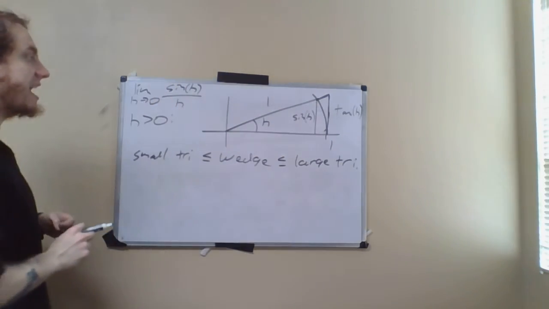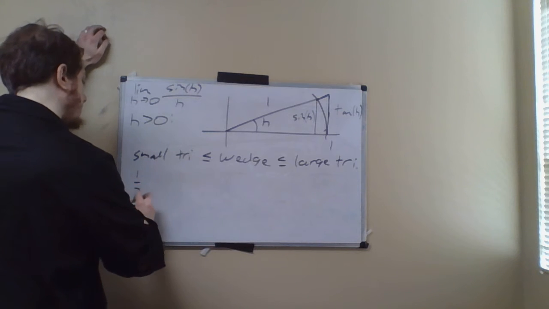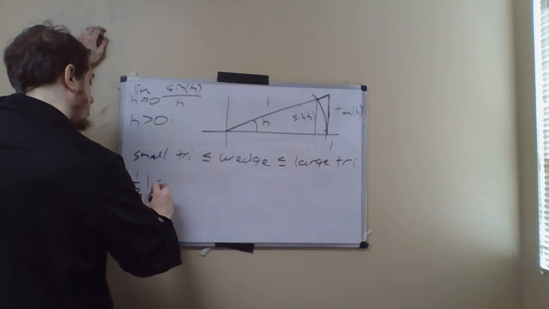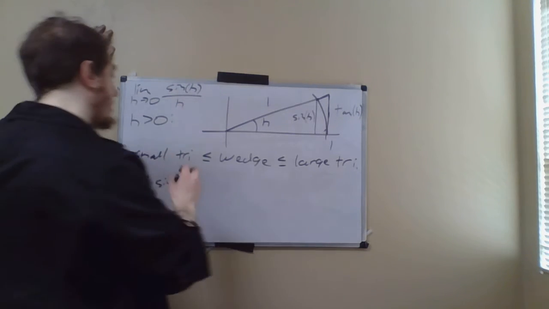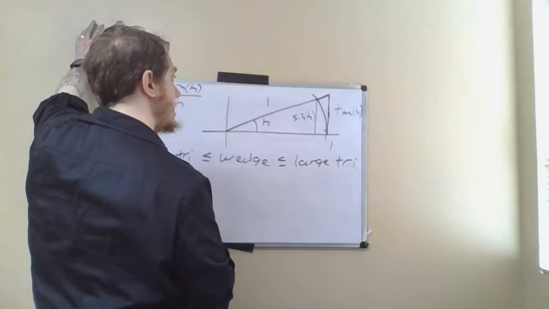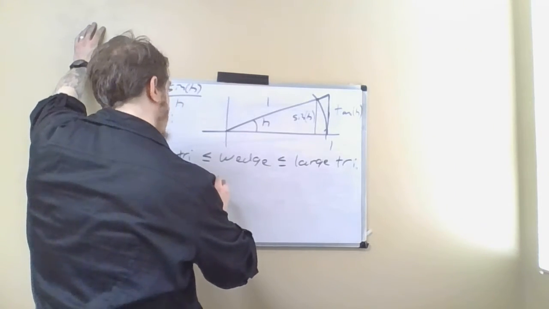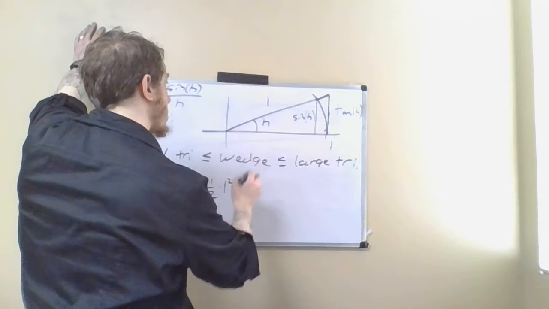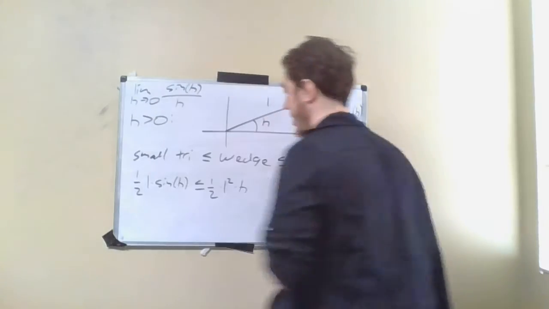So let's now write down the areas of each of these things. The area of the small triangle is going to be 1/2 base times height, which is 1 times the sine of h. The area of the wedge is going to be 1/2 times the radius squared times the angle in radians, which is h.